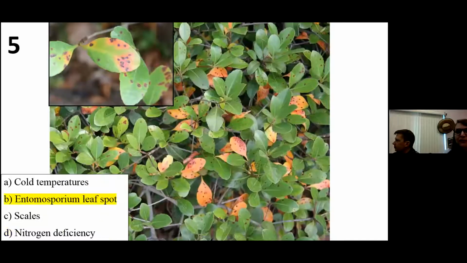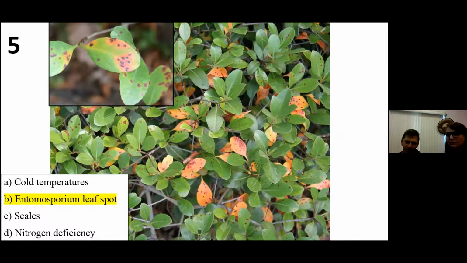Number 5. So we've got here another key pest or key disease for a key plant. We've got the Indian hawthorn, and really most specimens that you see of this, it's almost uncommon to see it without this leaf spot.